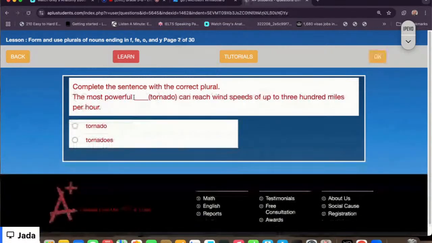The most powerful tornado can reach wind speed of up to 300 miles per hour. So, what's the right one here?